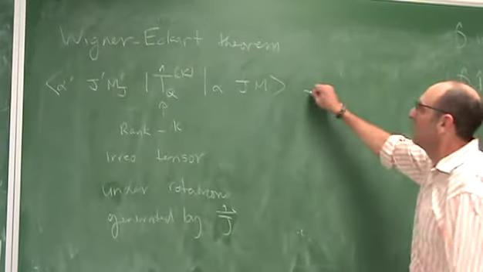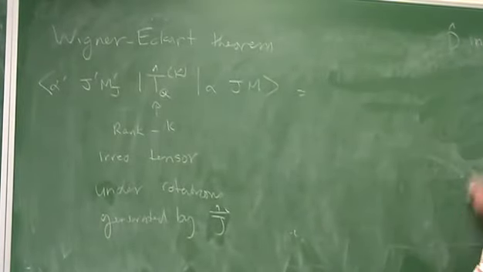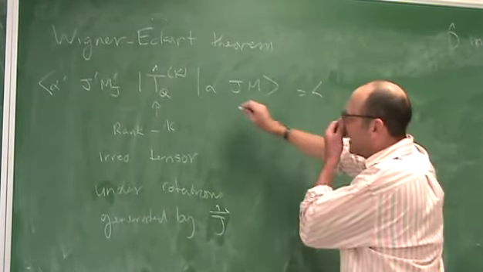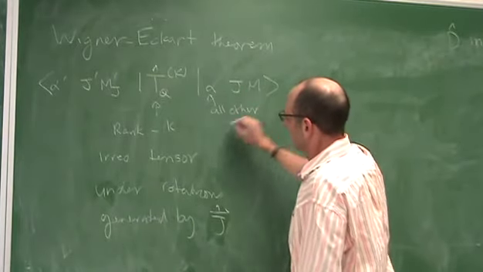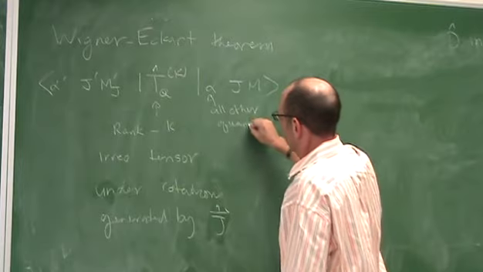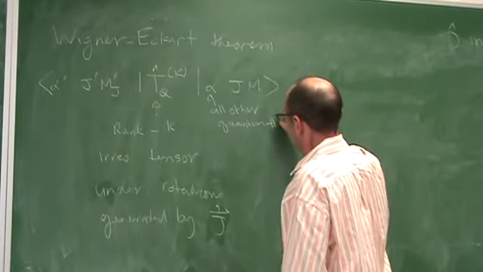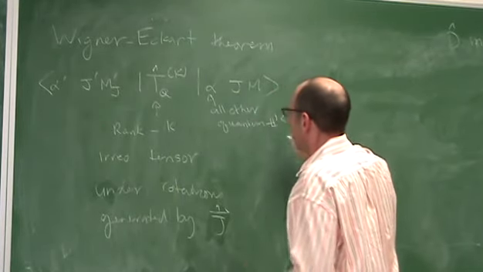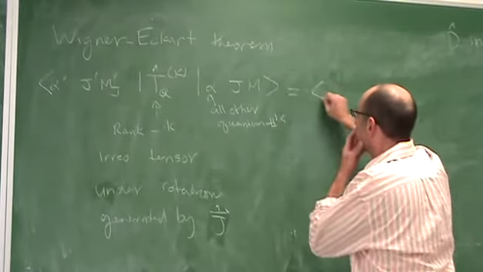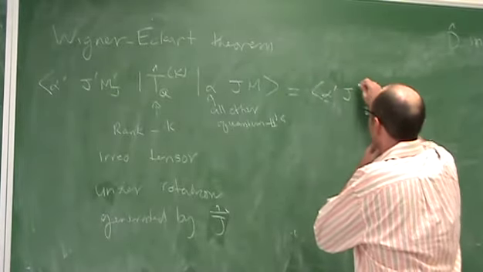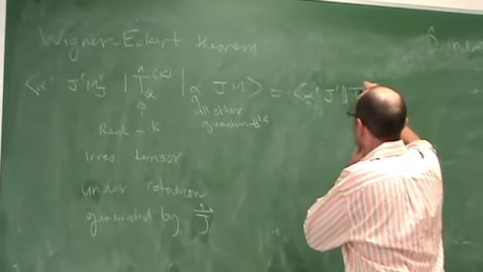Then this is equal to, these alphas here are all other quantum numbers. Then this matrix element is equal to the following. So you write it down, and then I'll explain.